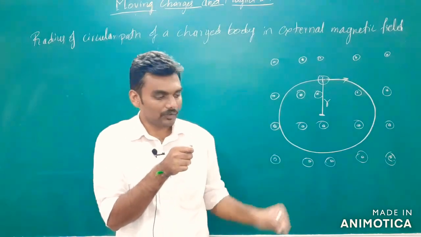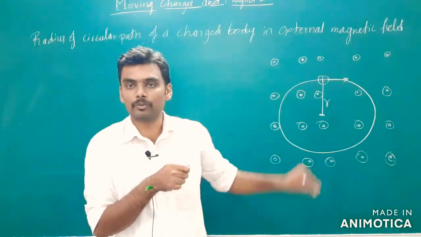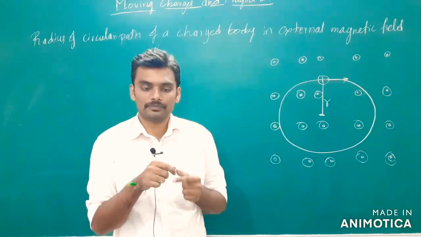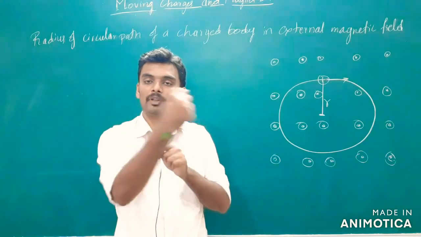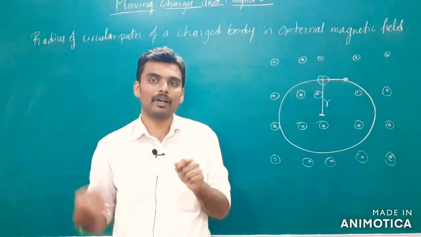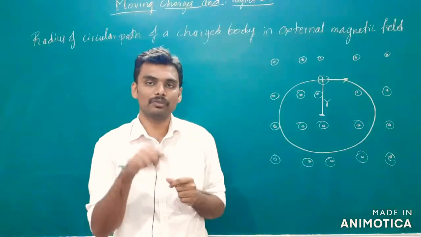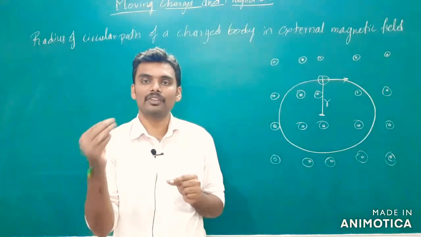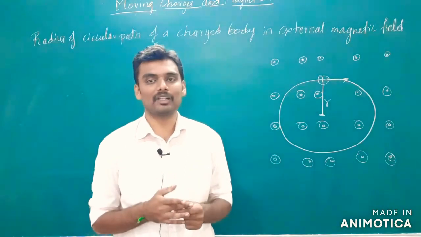So the body will have constant speed in its motion. But in order to keep the body in the circular path, we must have a force which acts as the centripetal force.